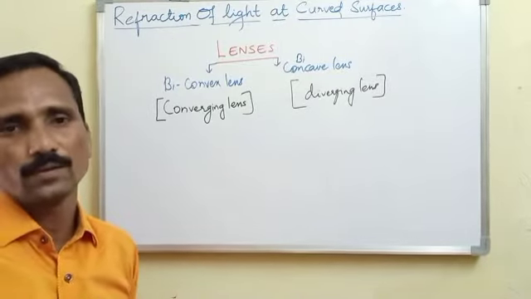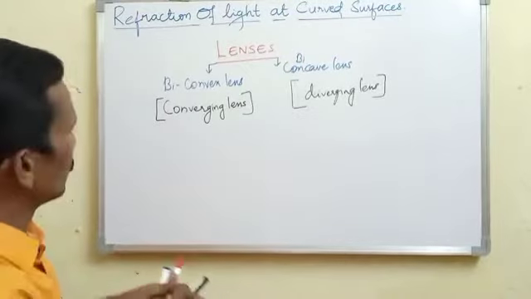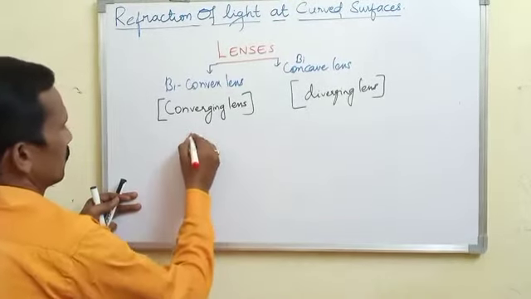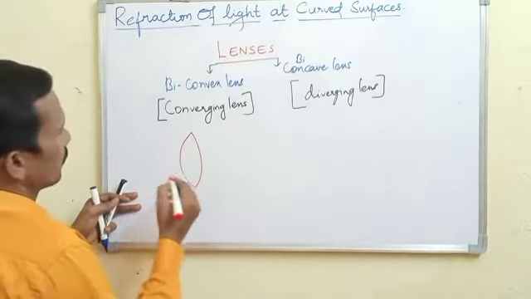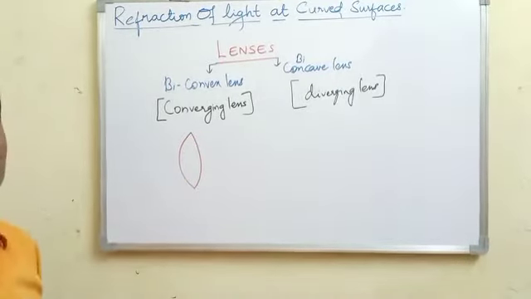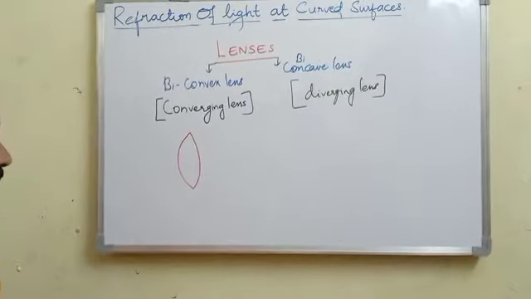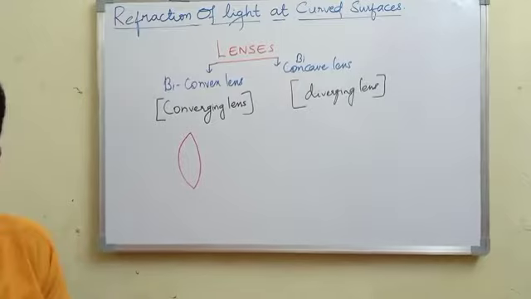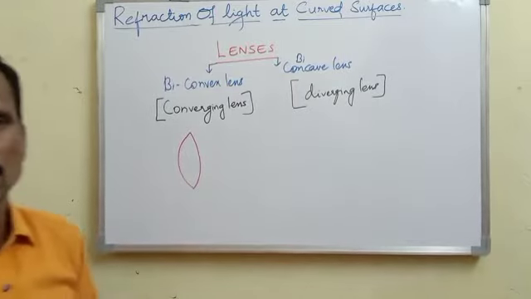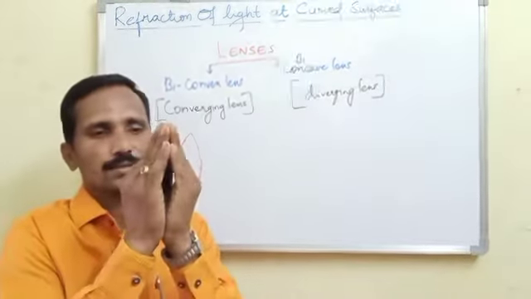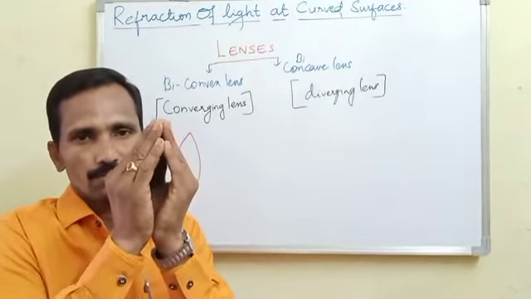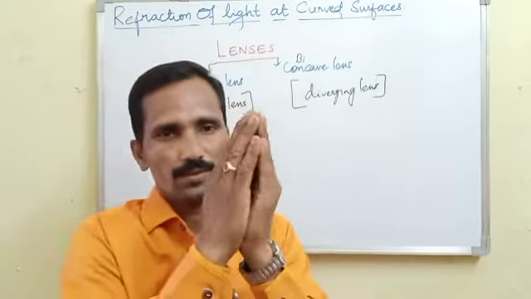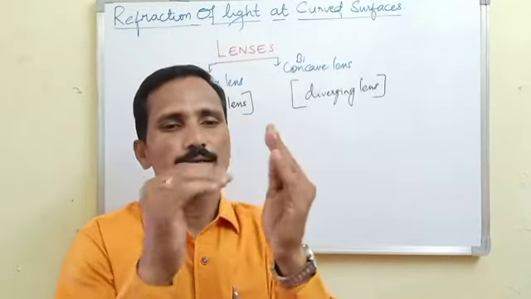What is the shape of the lens? Let us look. This is the shape of the biconvex lens. How is this? It is bulged out on two sides and thicker at the middle.